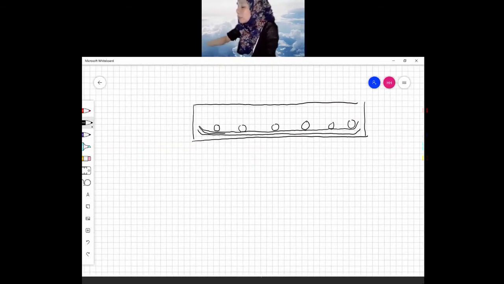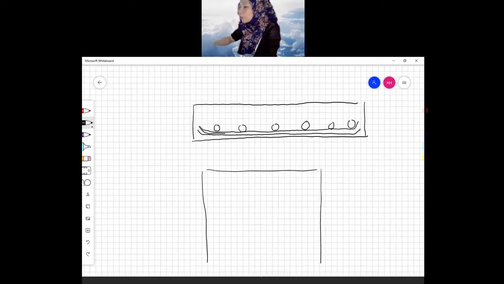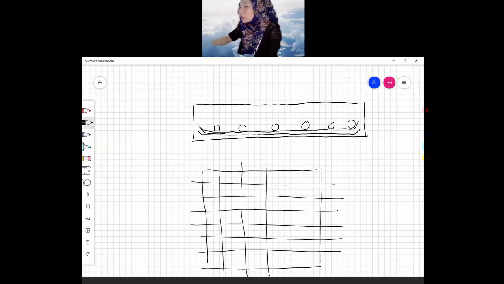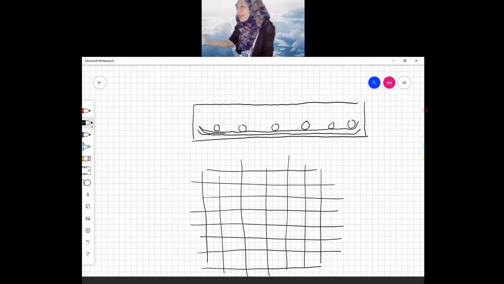Okay, so sebenarnya kalau this one adalah top view, dia ada bar bersilang, crossing each other like this. Okay, vertically and horizontally, latitudinally, longitudinally. Okay, dia cross each other.